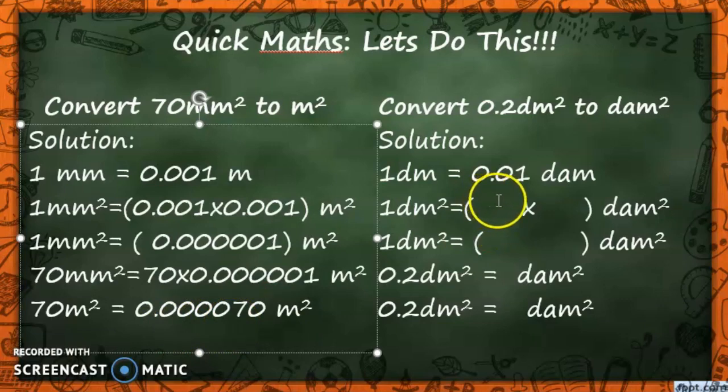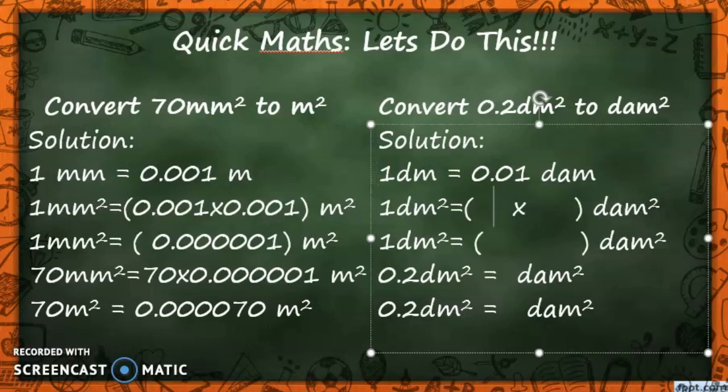So here's another example. We're moving from 0.2 decimeters square to decameter square. Alright, so then after finding out on the metric line that 1 decimeter equals 0.01 decameter, we simply have to square it.